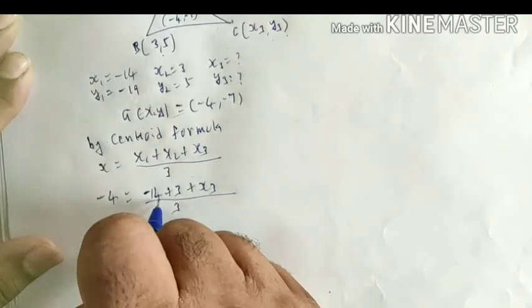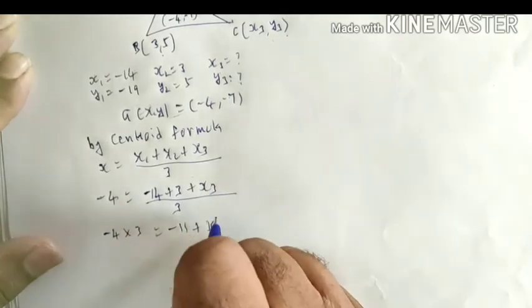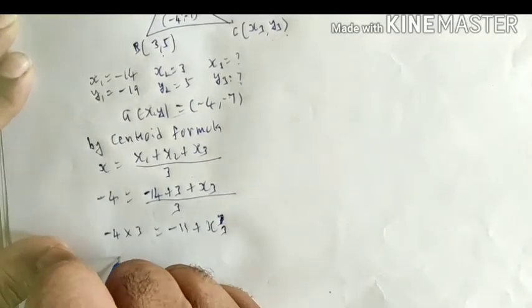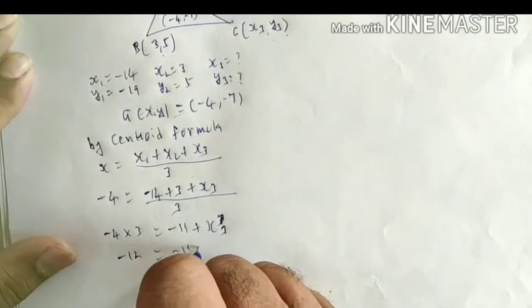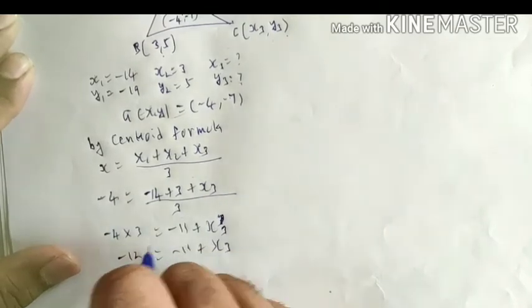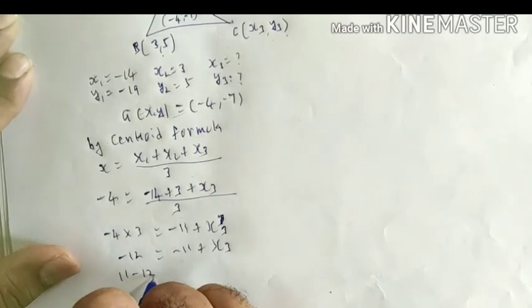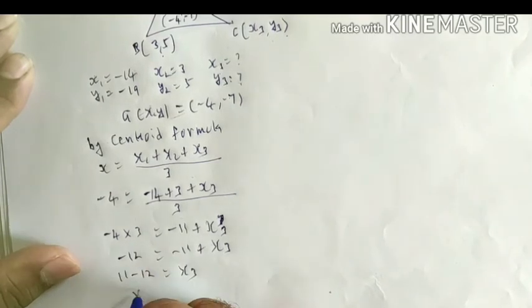It is equal to -14 plus 3 is how much? -11 plus x3, or -12 is equal to -11 plus x3. So -11 coming here, what we get? It becomes plus 11. 11 minus 12 is equal to x3, or we get x3 is equal to -1.